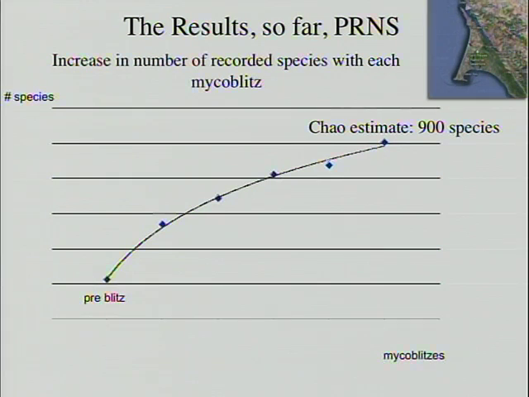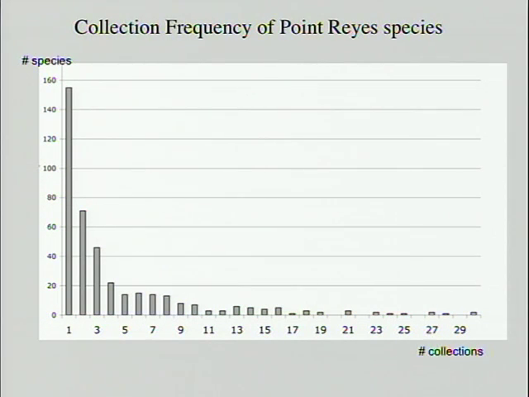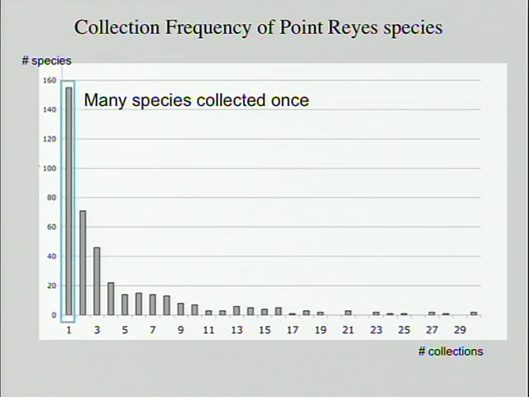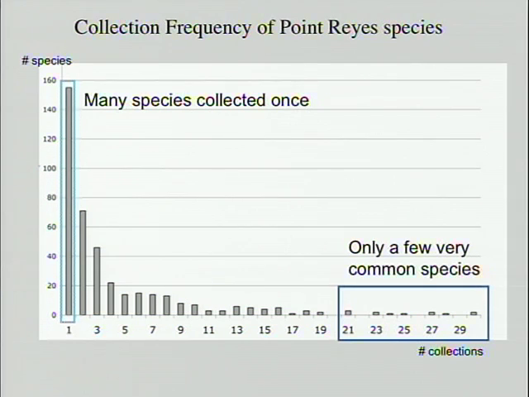And if you do a Chao estimate on that, there should be something like 900 species in this area. So we still have 400 species to collect, I think. And of course, as all these forays and every inventory show, there are lots of things that were only collected once, around a third. And then a small number is really common, and you see those everywhere.